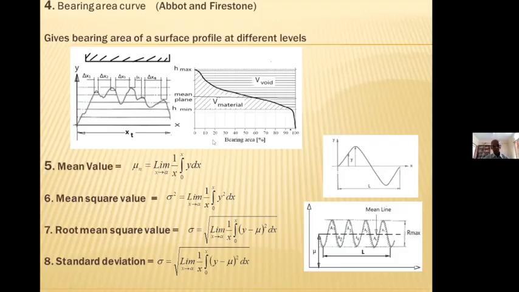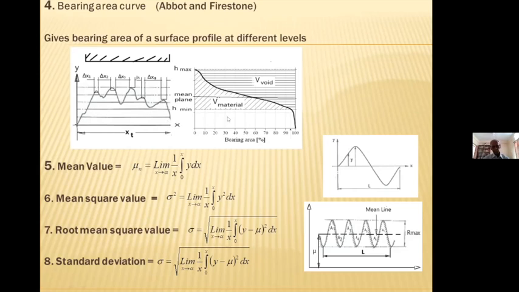So as we go down, the bearing area is 0 at the beginning, and then it is increasing, and it becomes 100% as we go down to the end, the value of the bottom of the lowest value.